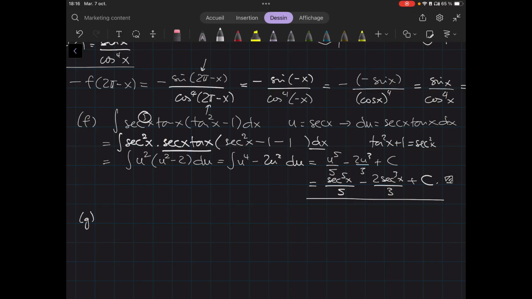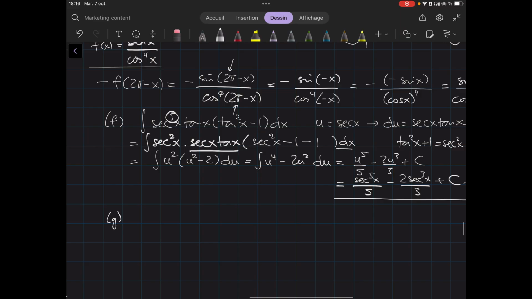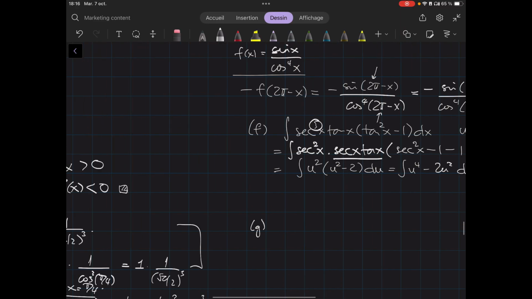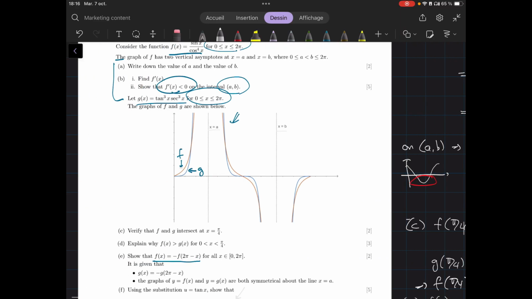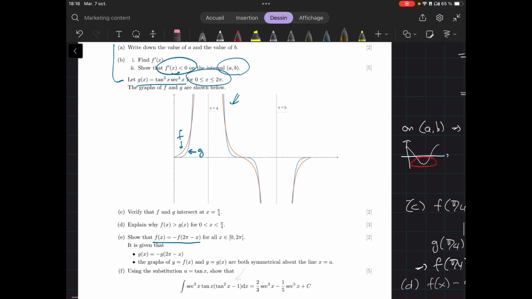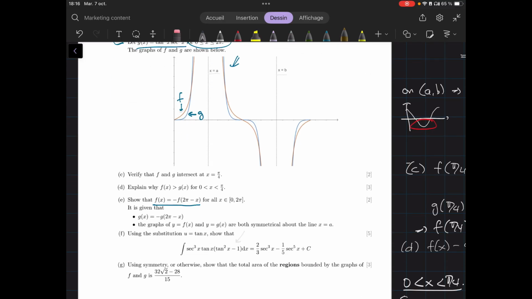Okay. What is the point of all of the question parts that we have done up to this point? Let's go back to this graph we have here. We are asked to find the total area of the regions. So 1, 2, 3, 4. We also know that this is true. And we know it is symmetrical. What does that mean?